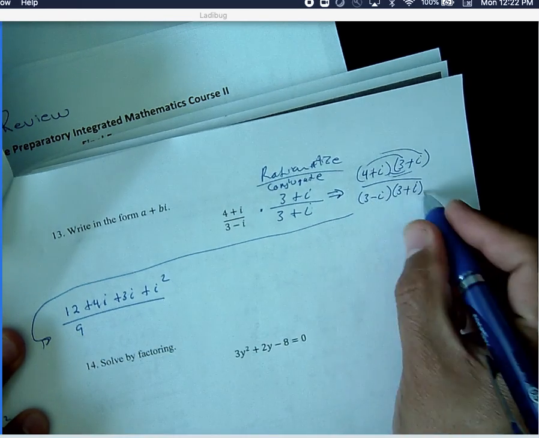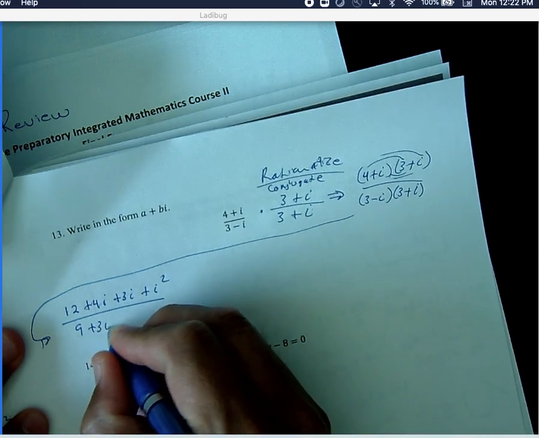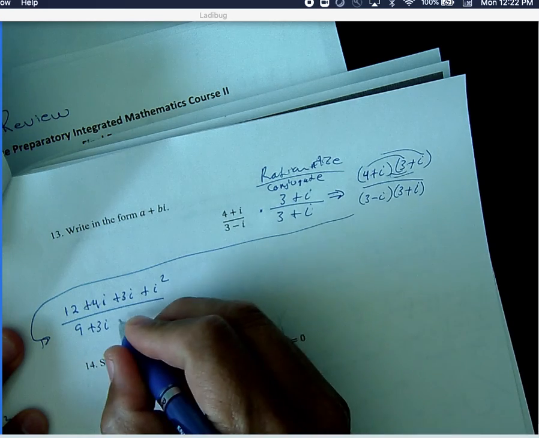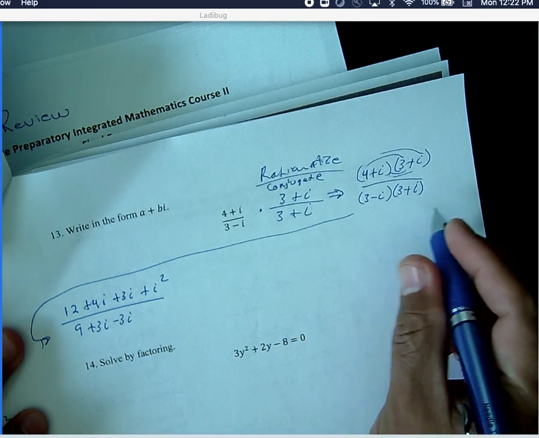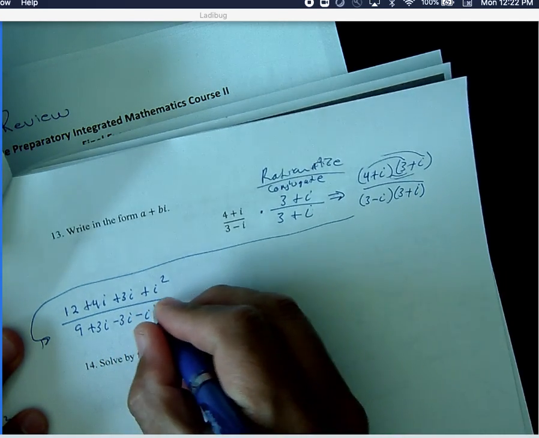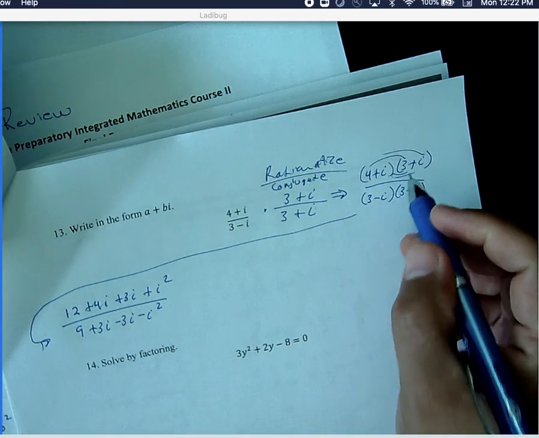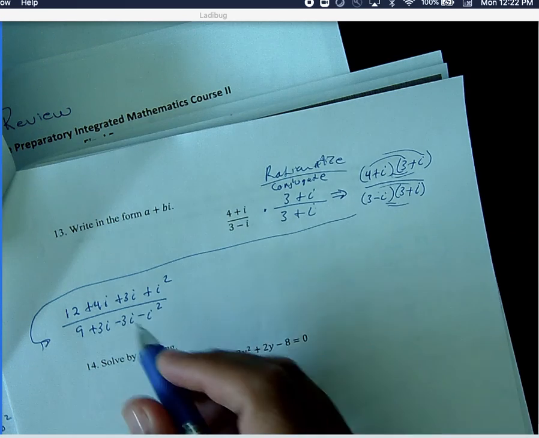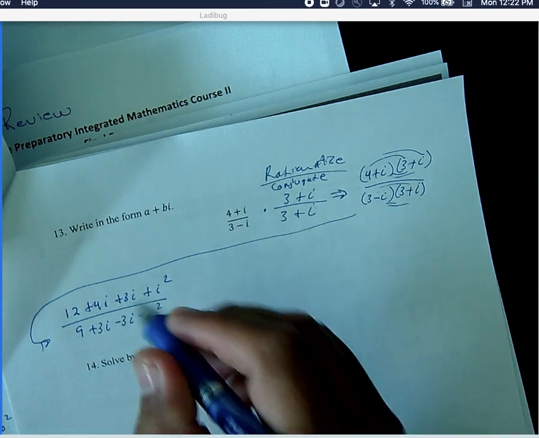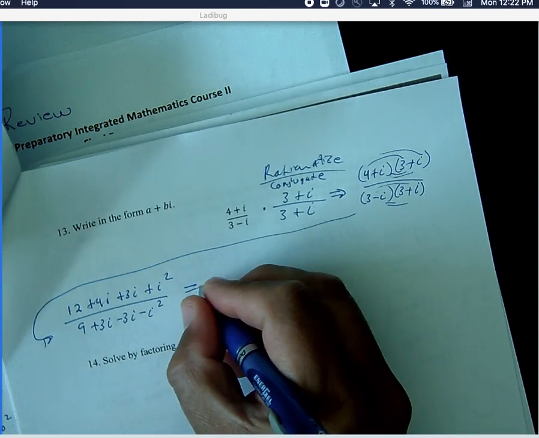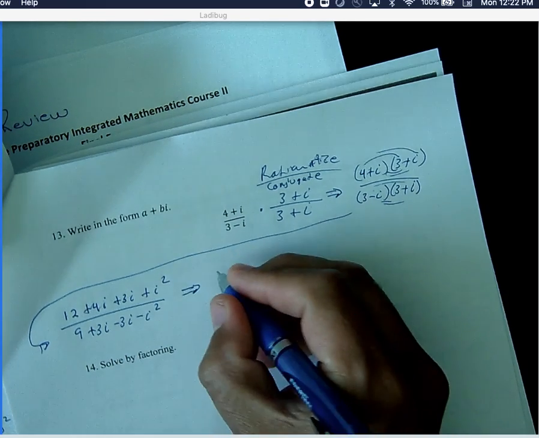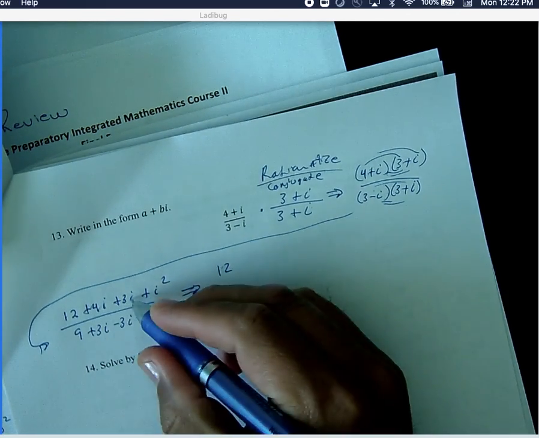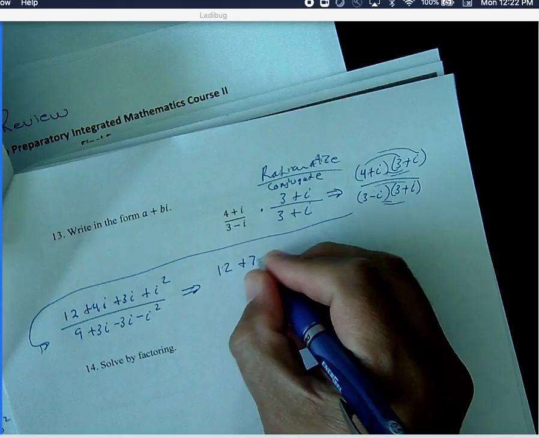Plus, and then 3i plus 3i. Minus 3i. Minus i squared. So I FOILed these parts, and that's what I got. So for the top parts, it gives me 12. 4i plus 3i gives me 7i.